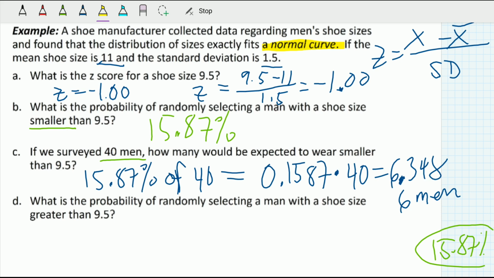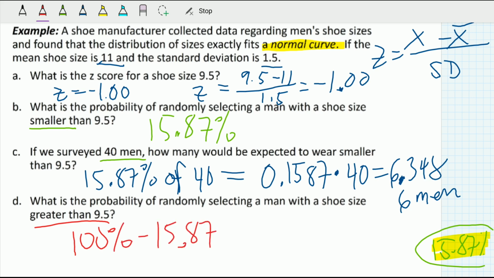All right, the next question is, what is the probability of randomly selecting a man with a shoe size greater than 9.5? Okay, so here you go. This is what makes this problem super not hard on you. If 15.87 is the percent of it being less than 9.5, then you can calculate the more by doing the opposite of it. The entire curve is 100, and you want to know the other part.